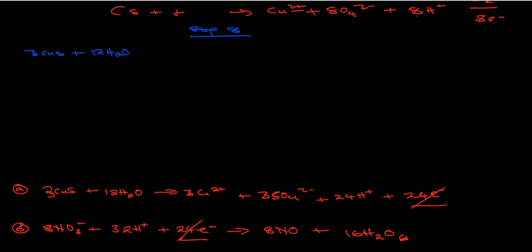In the other equation, we have remained with this and this, which is 8 nitric acid plus 32 hydrogen ion. That is our reactant side.